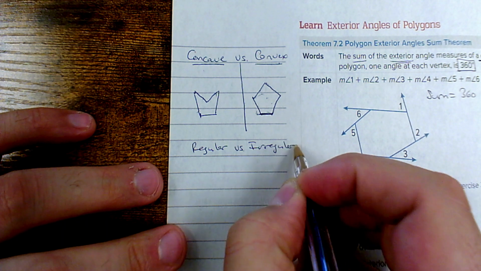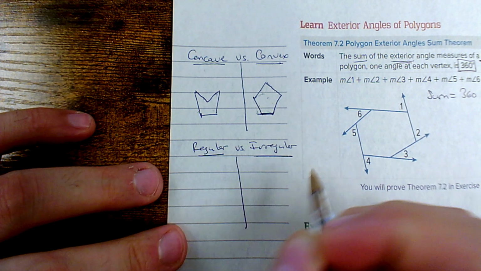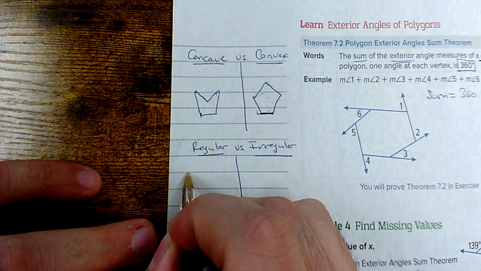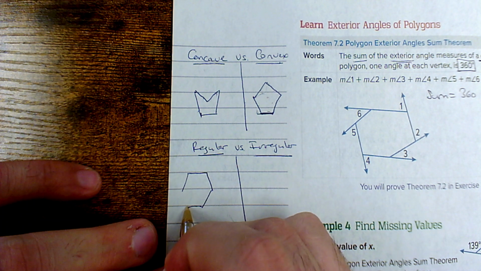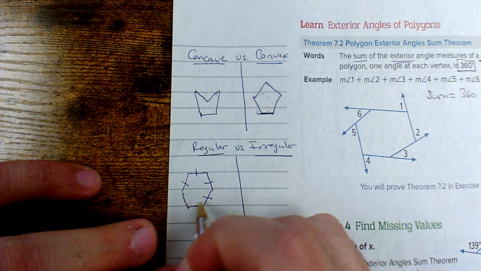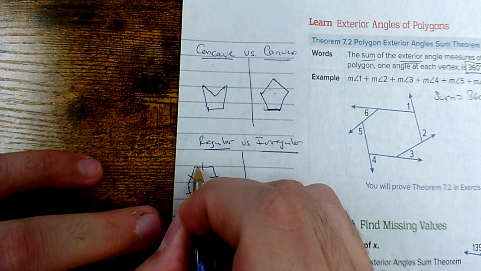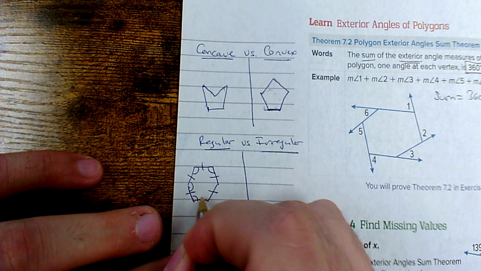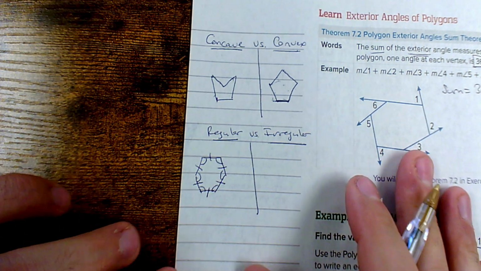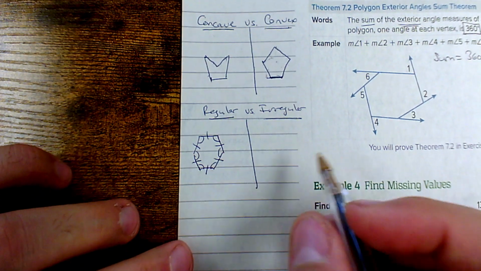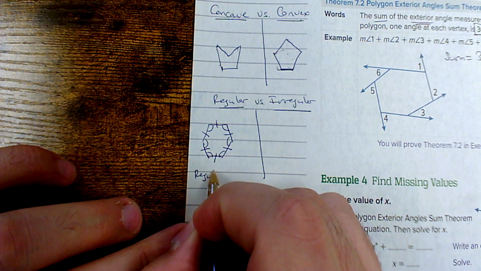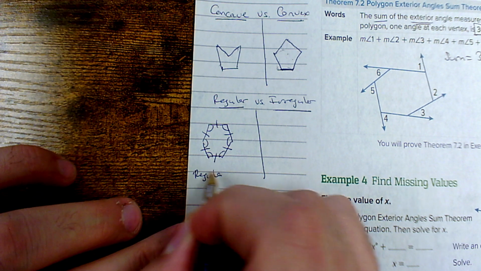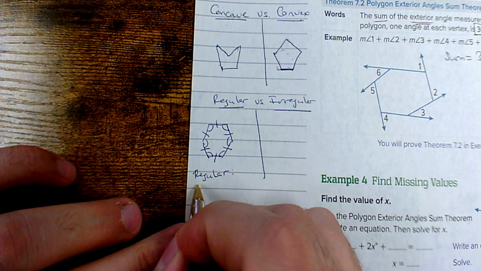But now, let's talk about the difference between regular versus irregular. We mentioned briefly what regular meant. So regular, again, means that the sides are all congruent. So imagine these sides are all congruent, and the angles are congruent. In other words, for it to be regular, it has to satisfy two conditions.